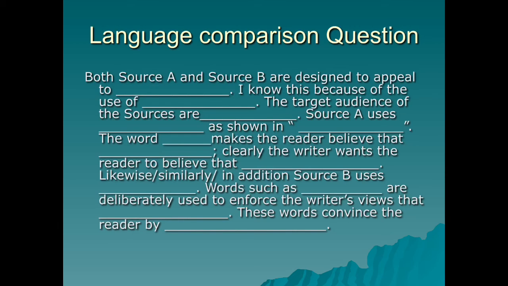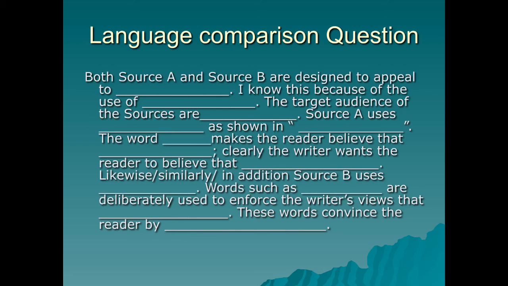So you would find some evidence to support why you have said the target audience is what it is. The target audience of the sources are, and then source A uses, so this is evidence as shown in, right? So you have source A uses, that's your technique, and then your evidence is as shown in, and then you put your evidence. And then we're going to embed a word that is really significant and important to the quotation. So the word makes the reader believe that, and that is your reader effect. Clearly the writer wants the reader to believe that.